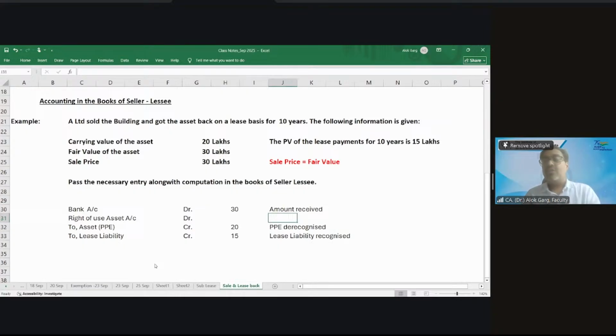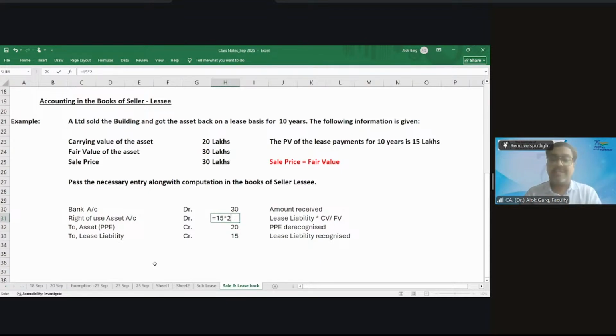It is your lease liability into carrying value divided by fair value. Proportionate right of use asset you need to recognize. Your lease liability is 15 lakh, which is the present value of the lease payment. The total lease payment you have to make, the present value is 15 lakh.